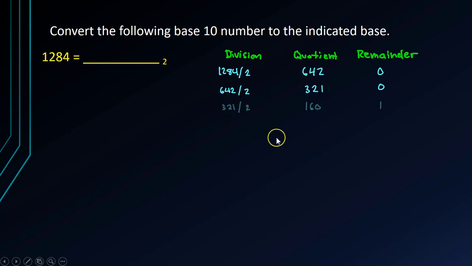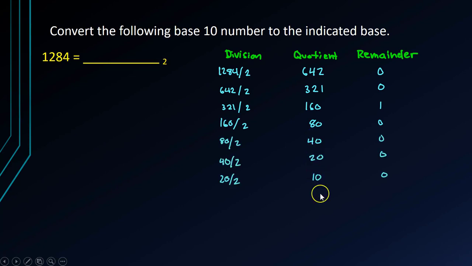Take the 321 divided by 2. I get 160 with a remainder of 1. And I keep doing this until I get my 0 under the quotient. So here, here, here, here, here, here, here, and then 1 divided by 2 gives me a 0 with a remainder of 1.